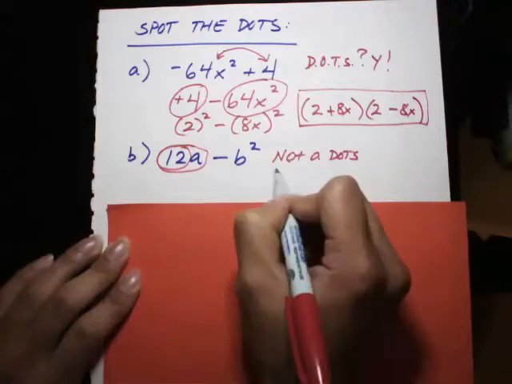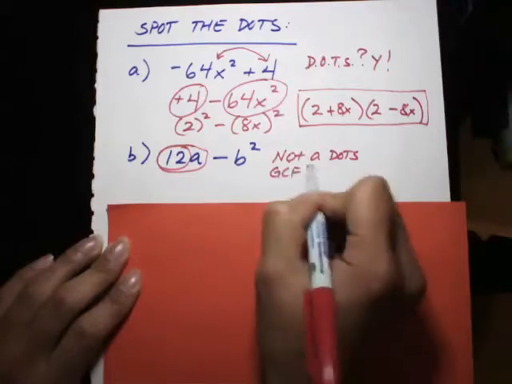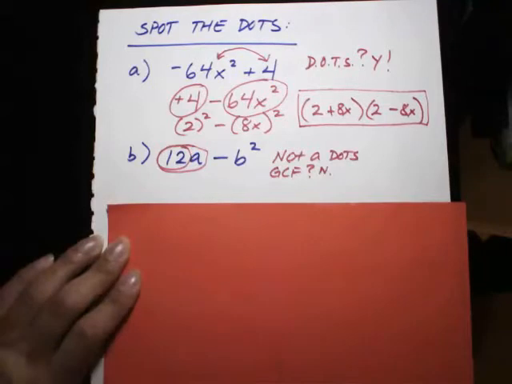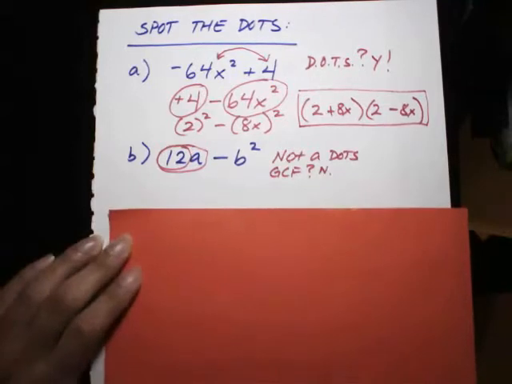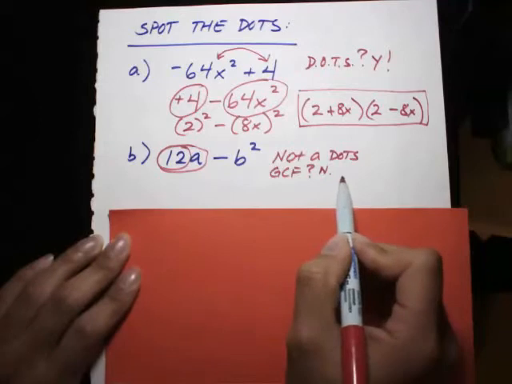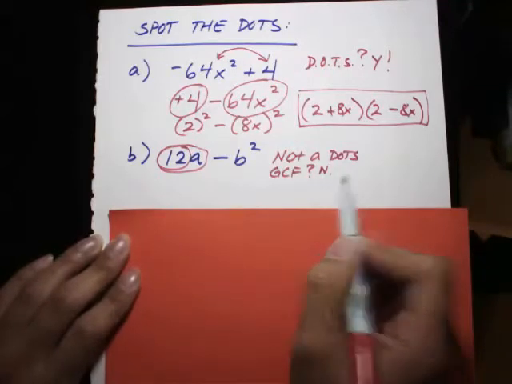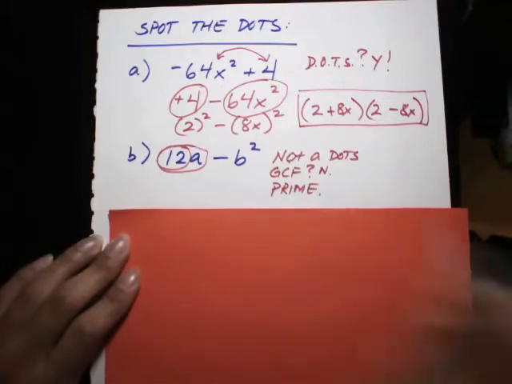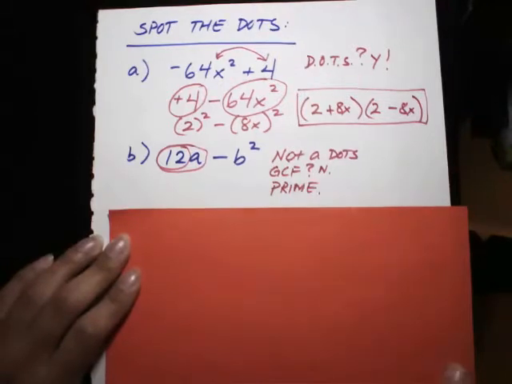Can we factor out any GCFs? No, they do not have anything in common. So if this is a binomial, it's not a DOT, and you can't factor out a GCF, that means that it cannot be factored anymore, which is what we call prime. We would label it prime.